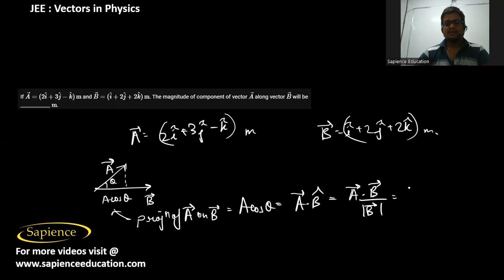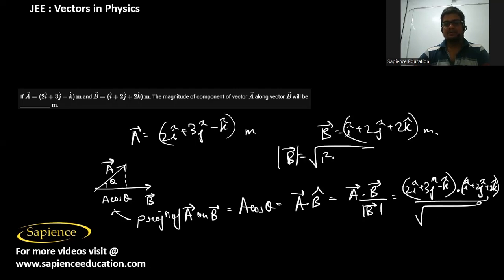So this will be 2i cap plus 3j cap minus k cap dot i cap plus 2j cap plus 2k cap, divided by square root of, now magnitude of B, that will be obviously square root of 1 square plus 2 square plus 2 square. So that is 4 plus 4, 8, 8 plus 1, 9. Square root of 9 is equal to 3.